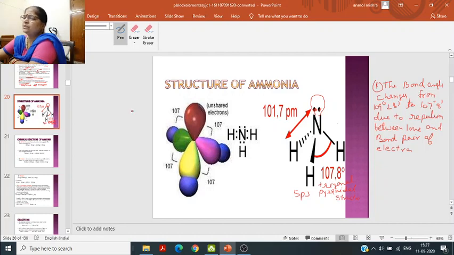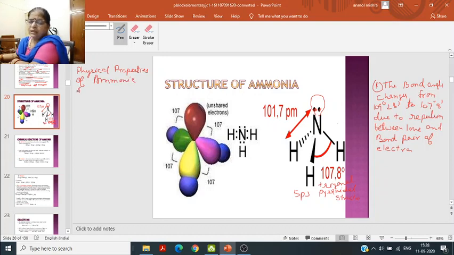Now, physical properties of ammonia. Number 1, colorless. Number 2, pungent odor.